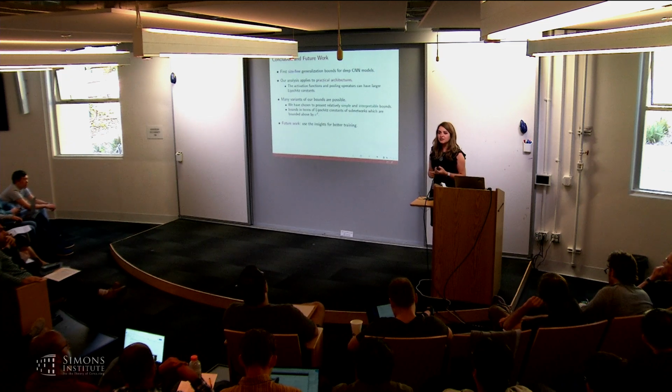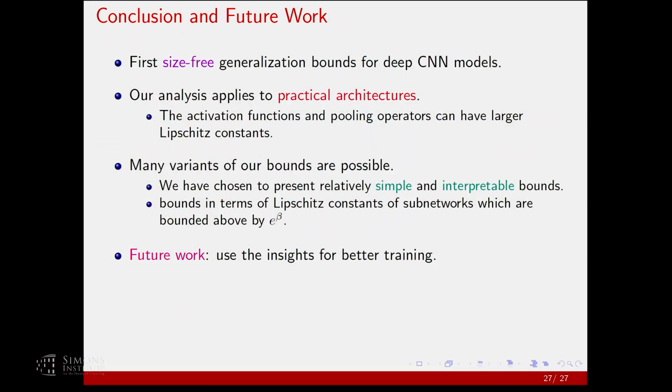So in conclusion, we provided the first size-free generalization bounds for deep CNN models. I want to emphasize that our analysis applies to practical architectures. You can change your activation functions and pooling operators to have a larger Lipschitz constant that can be directly plugged into our analysis.